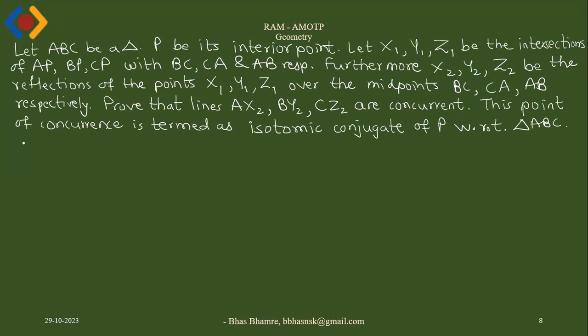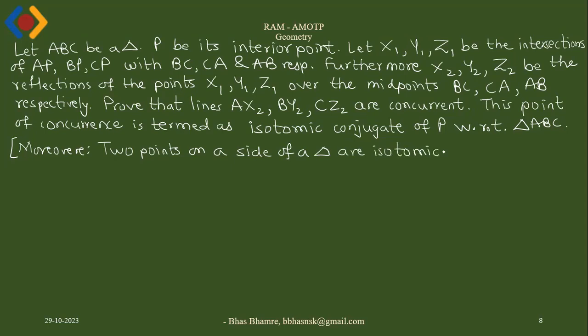Moreover, two points on a side of a triangle are isotomic points. See, isotomic conjugates are different and isotomic points are different.